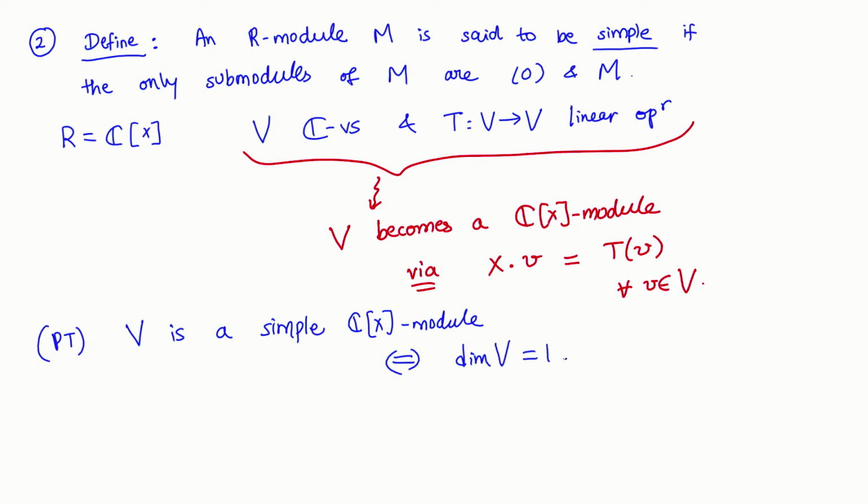So we need to prove that the only way in which V can be a simple C[x] module is if its dimension is 1. Okay, so let's prove this.